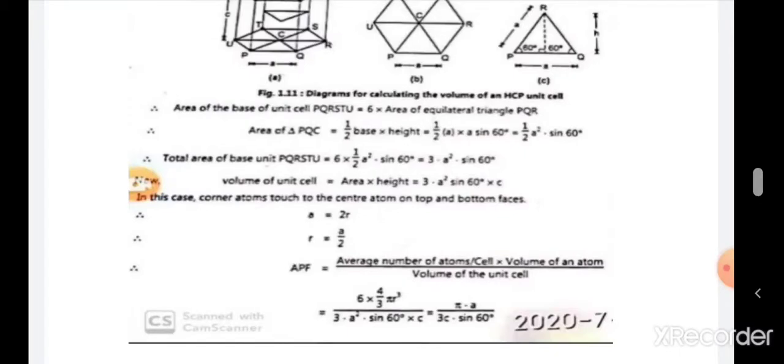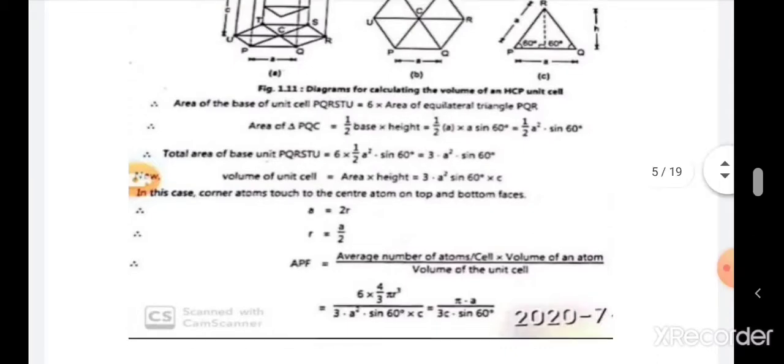After that, put r is equal to a by 2. When I put r is equal to a by 2, in numerator there is r cube, so obviously we have to put bracket cube. When we put bracket cube, it will be a cube divided by 8.